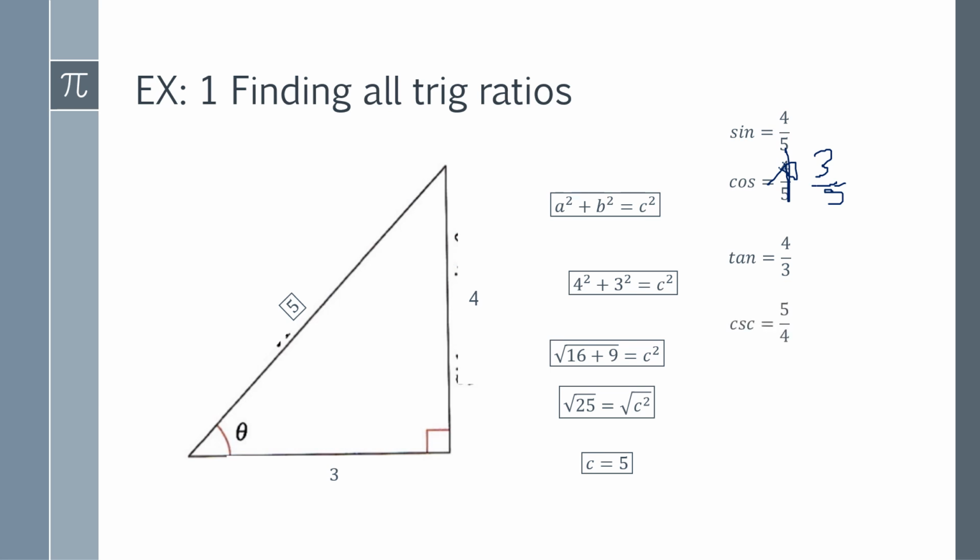And then the cosine inverse is called secant. And that's going to be not 4/5. That's going to be 5/3.